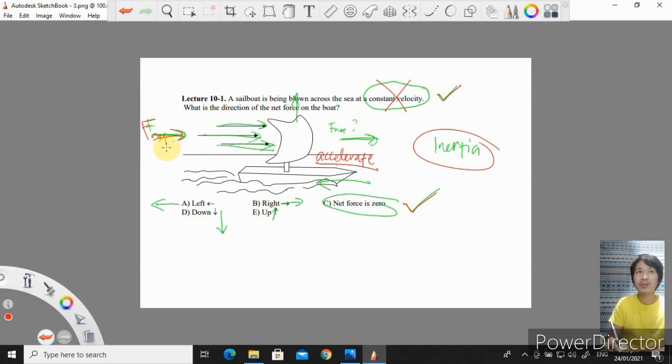When you add them by vector addition, the force of the wind and the force of friction, you get a resultant, a net external force. The boat will then accelerate. But as long as the velocity is constant, the net force is 0. Okay? So the correct answer is letter C, 0 net force. I hope you got that.